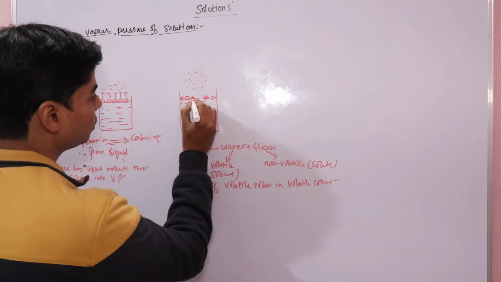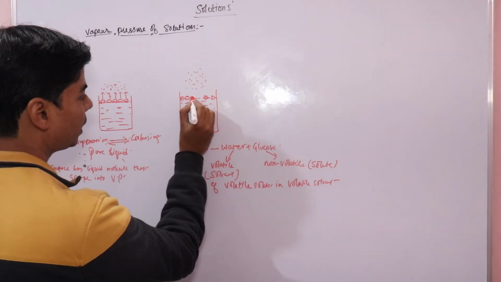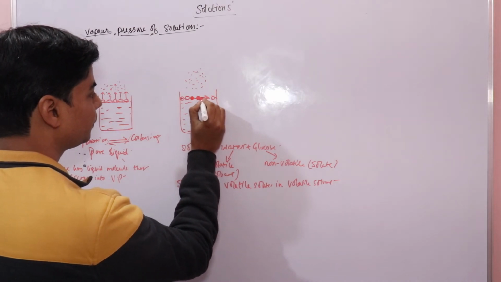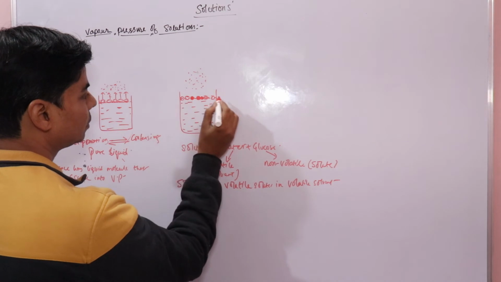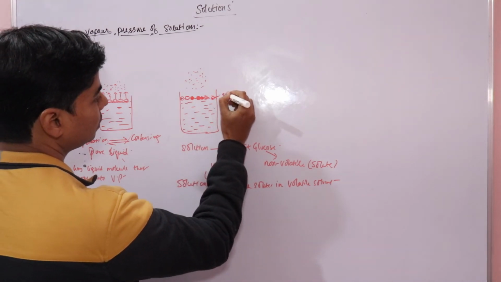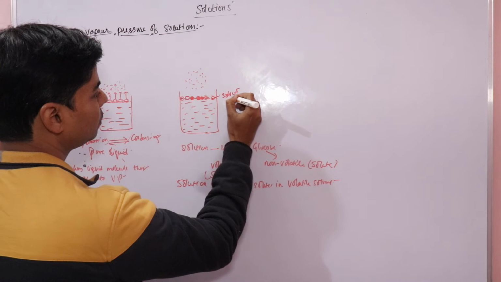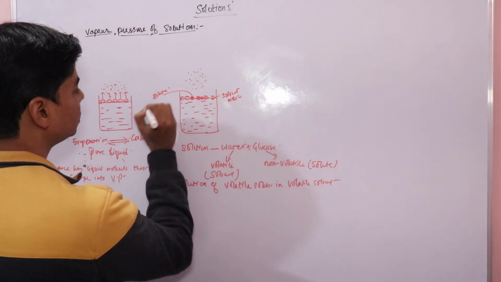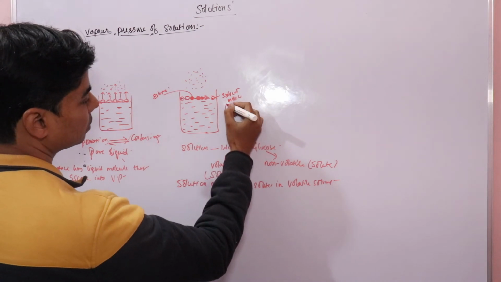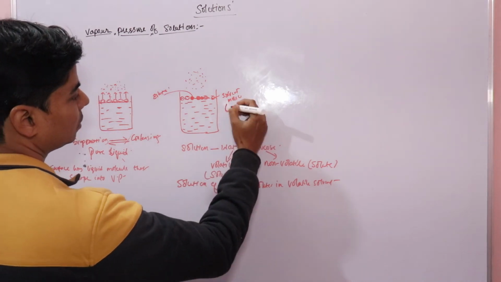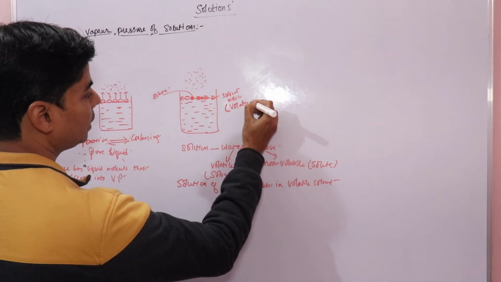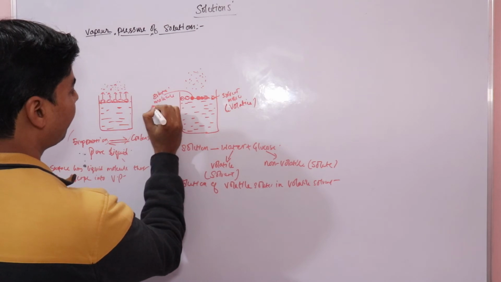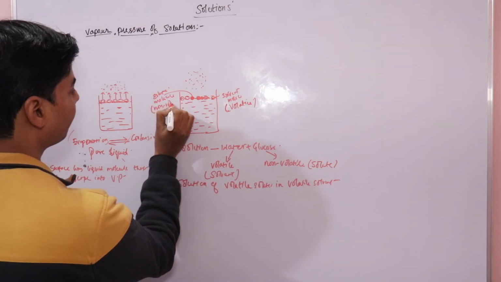So suppose here we have these solute molecules, and these are solvent molecules, and we know that solvent molecules are volatile and solute molecules are non-volatile.